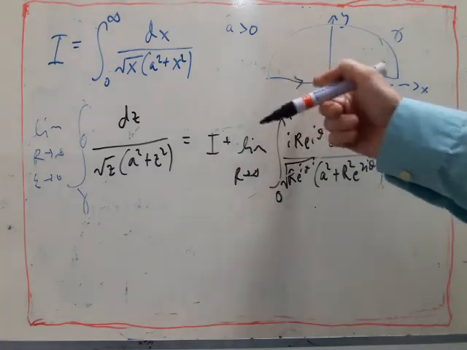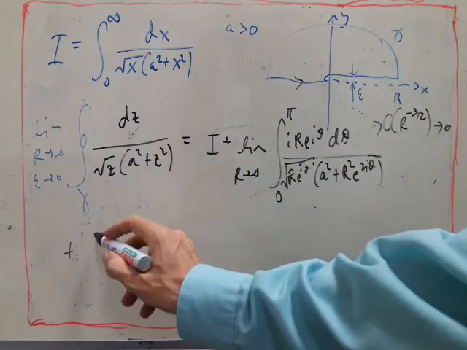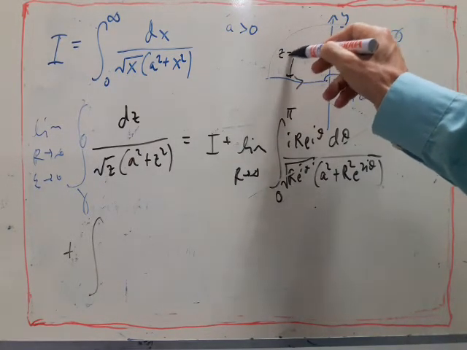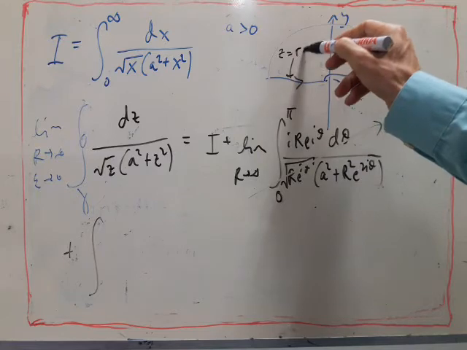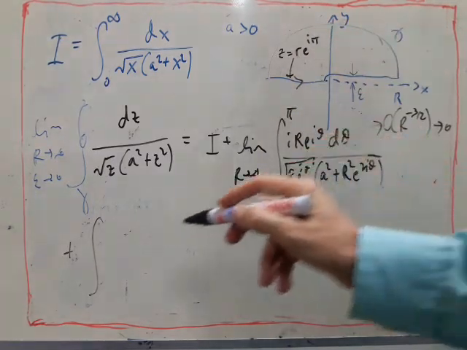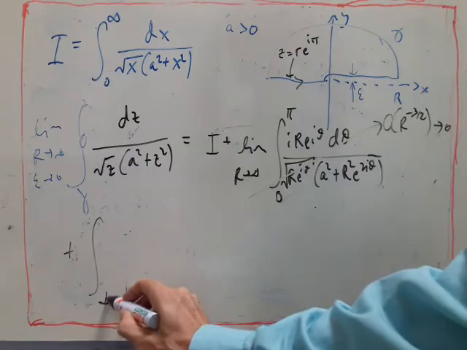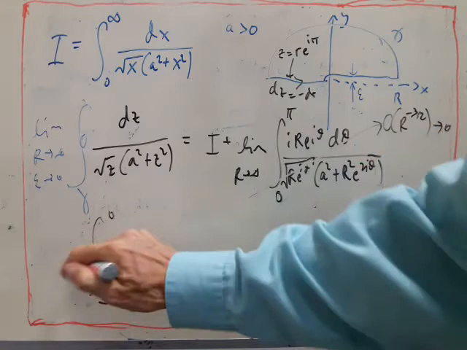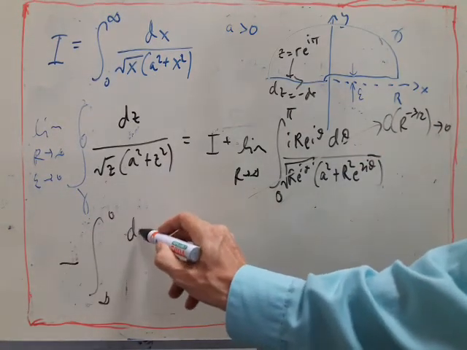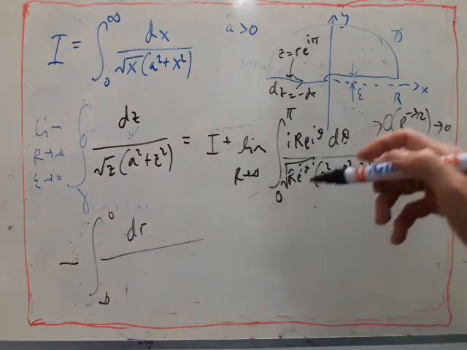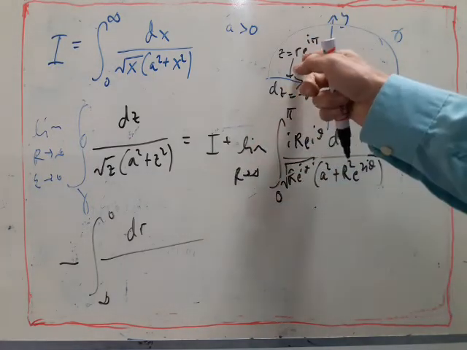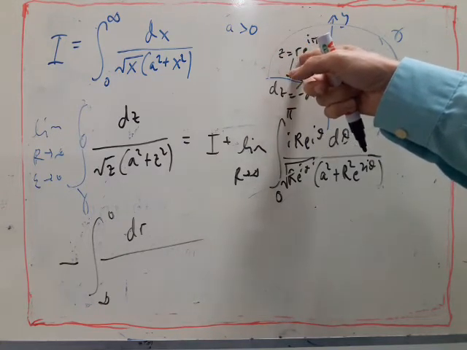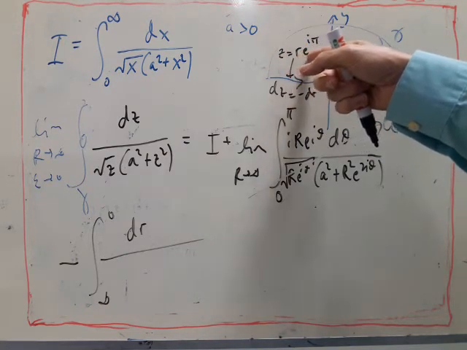Then this bit coming back, so again along here we've got z equals r times e to the I pi. So integrating from 0 to infinity, this gives me dz equals minus dr as before, so I'll put a minus sign here, and I've got dr, and here I've got root of z, so this is sort of why I've written it as root r times e to the I pi.